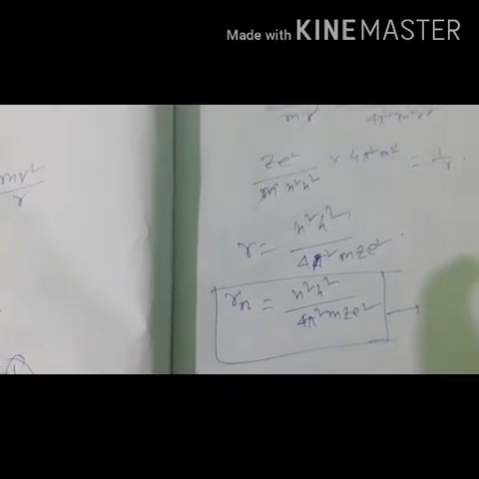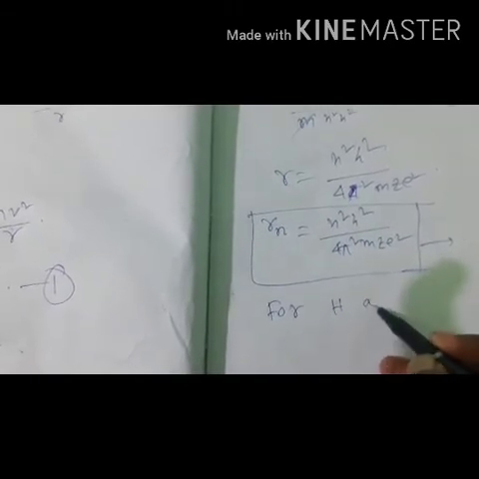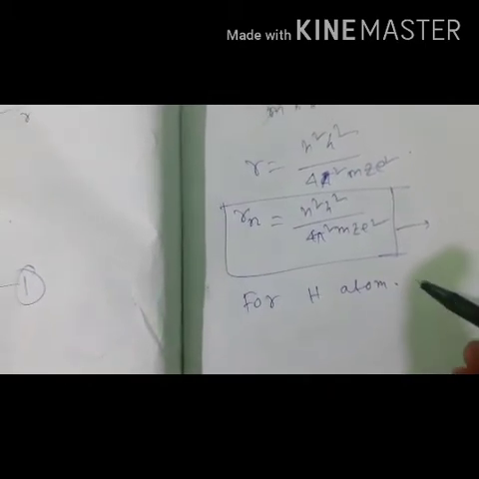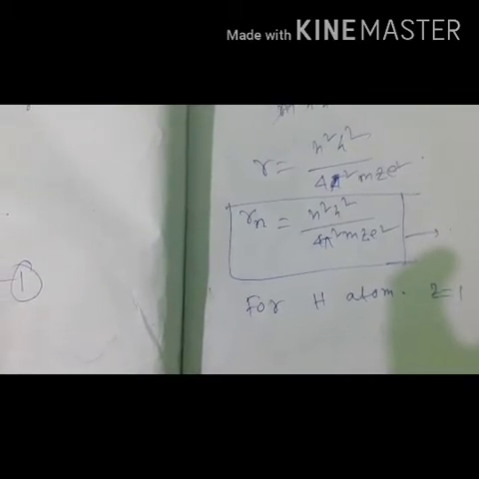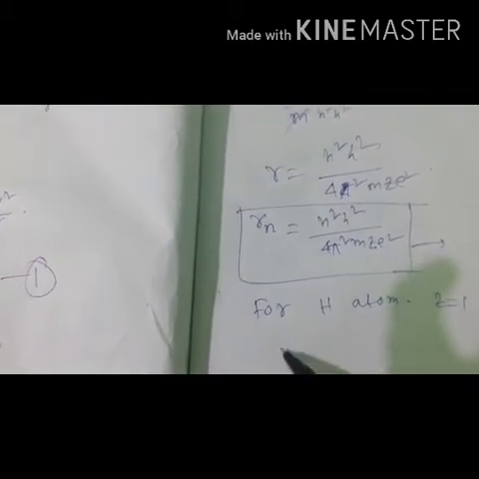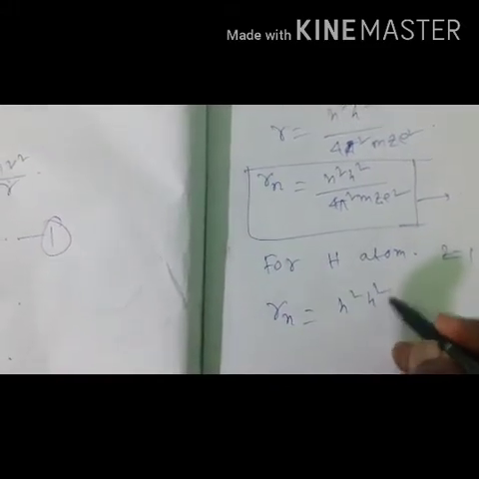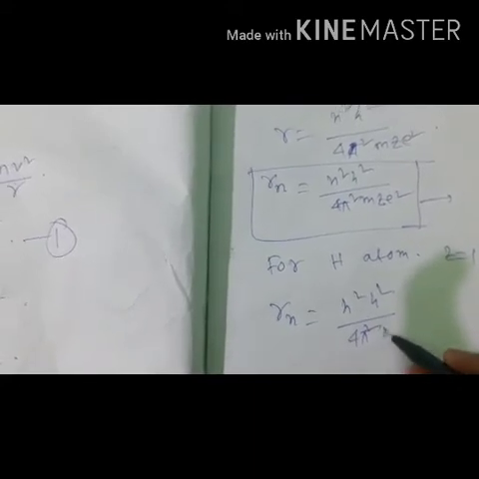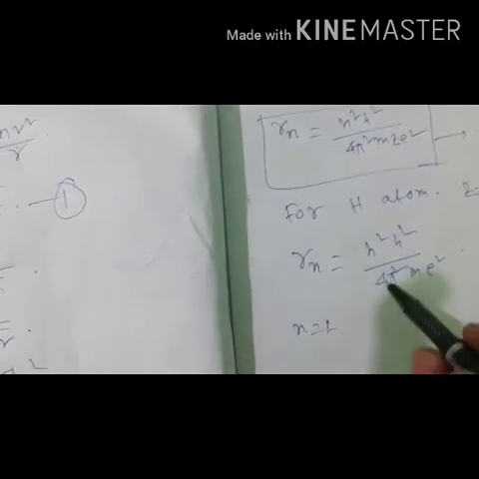Now, if we consider that the atom is hydrogen, for hydrogen atom we can consider that the Z value equals 1, and then the equation will take the form Rn equal to n square h square divided by 4 pi square m square.